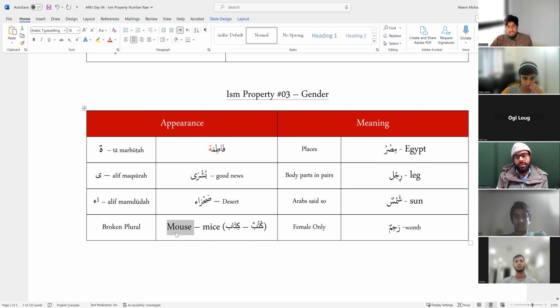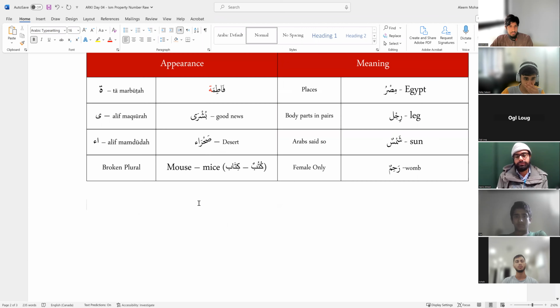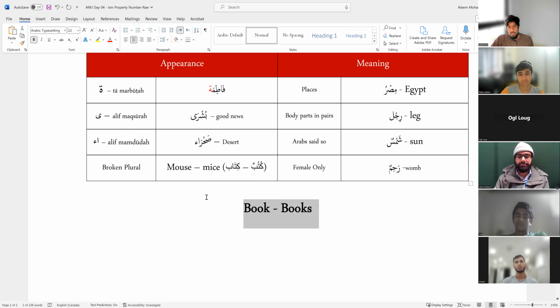In English, the example we use, like book, 2 books, right? That's a sound plural. Whereas a broken plural is where the actual construction of the word changes, like mouse versus mice, right? In Arabic, it'd be something like kitabun versus kutubun. We've actually deleted a part of the word. Therefore, it would be a broken plural.